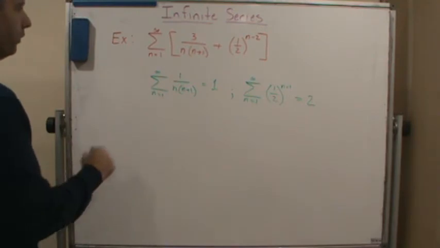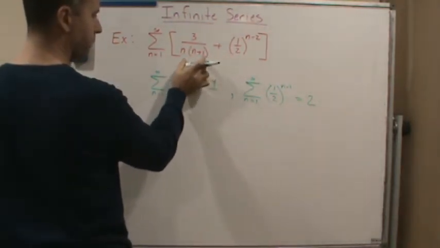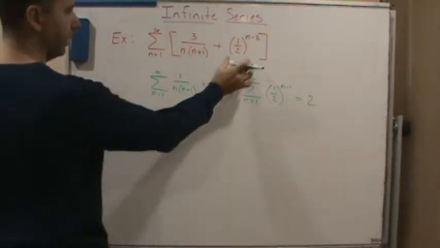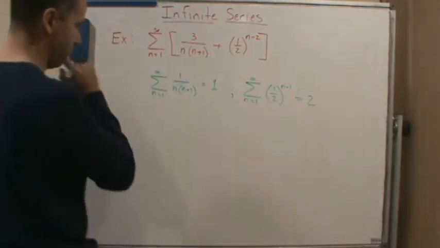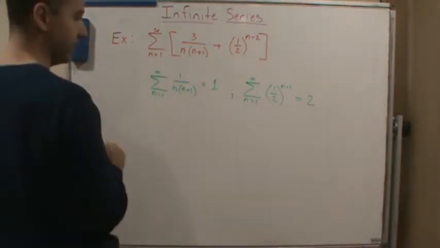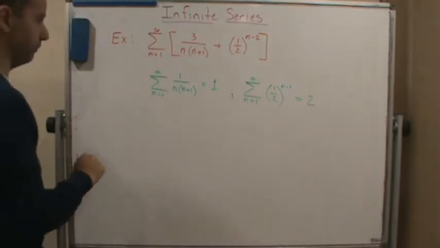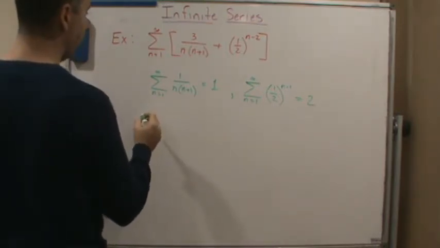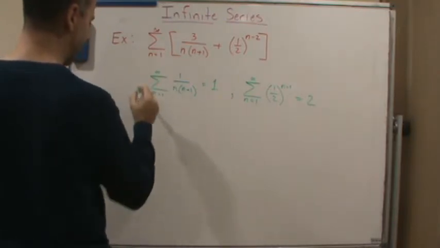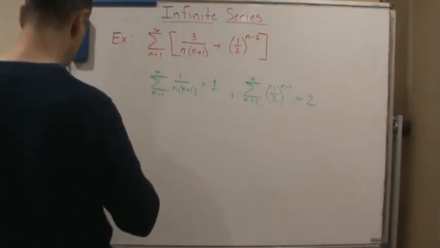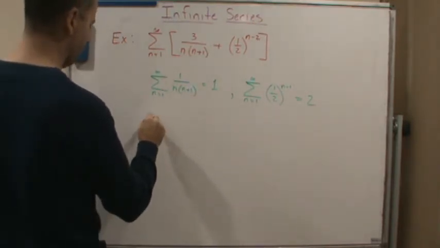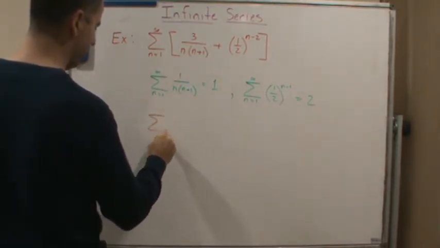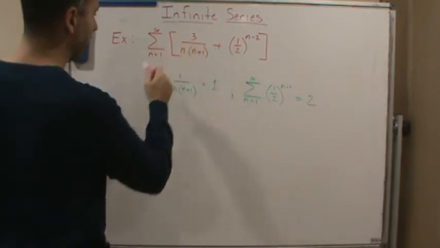Okay? So first of all, we're going to use the sum rule, we're going to use the constant rule, and then we're going to change this a little bit because this one isn't quite the same as this one, but we can fix that by changing the index and changing the variable. So let's do this. Let's write it as the sum, and I'm going to pull the 3 out, right?